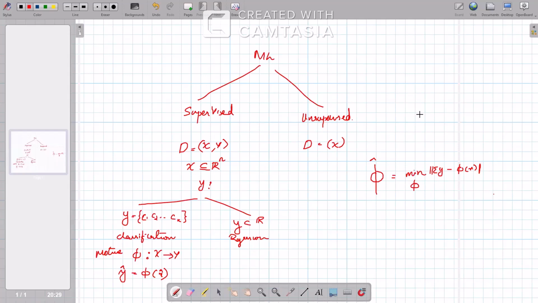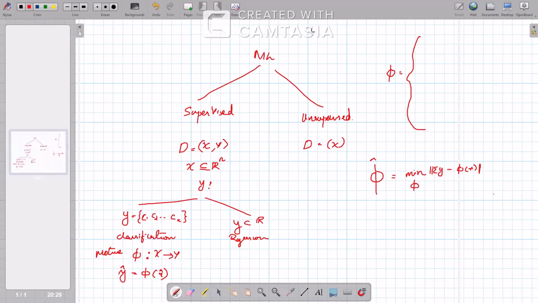Can you repeat, sir? Yes. So, as I said, if you consider this phi, it could be any function, right?